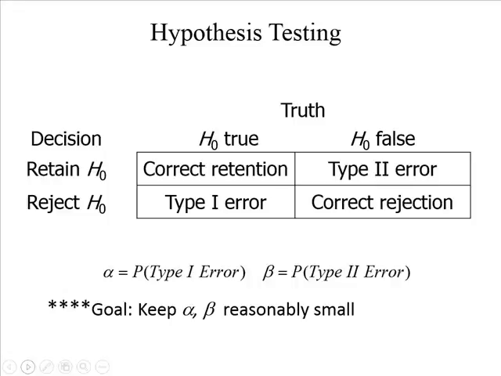And what we're looking for is evidence that allows us to reject the null hypothesis. That's what we're looking for, because we're trying to reject the idea that there's no relationship. So we have to find proof that there is a relationship.